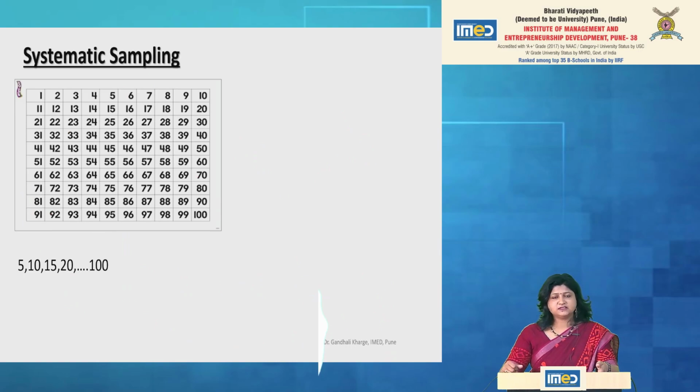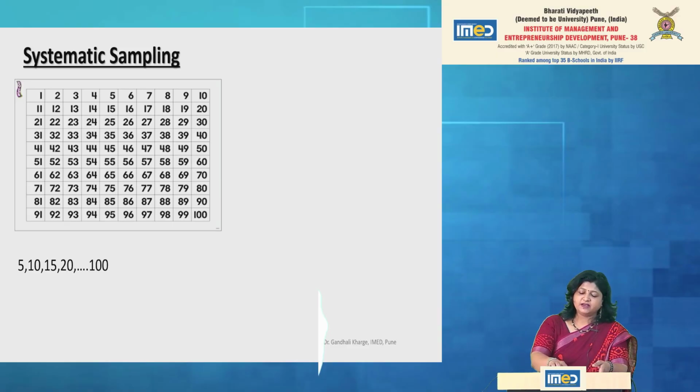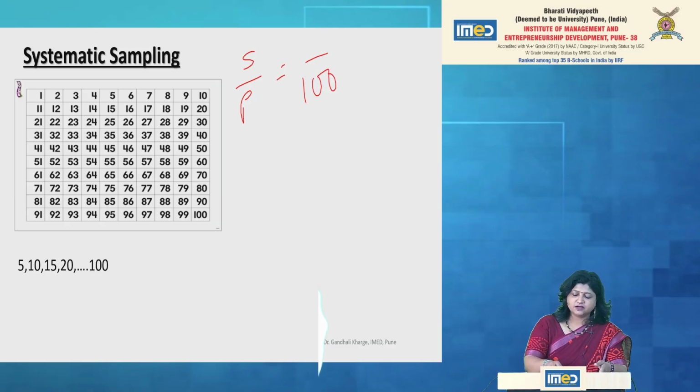Then next is systematic sampling. Suppose I have a population of 100 and I have to choose 20 samples. So my ratio of sample to population, with the population as 100 and sample size as 20, is 1:5.